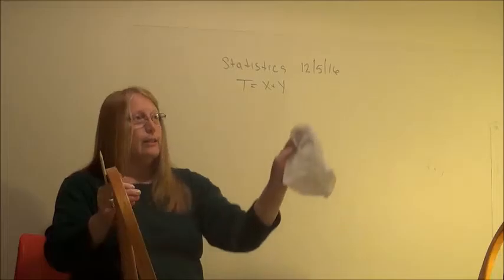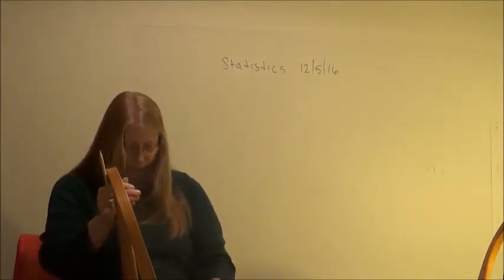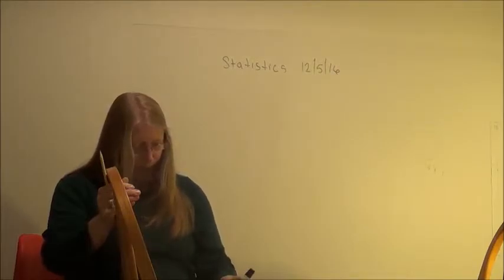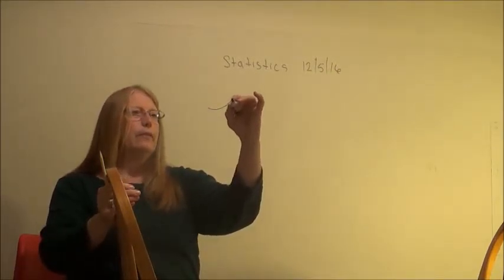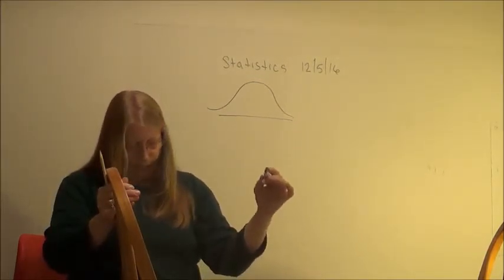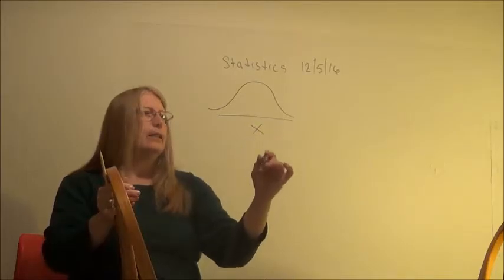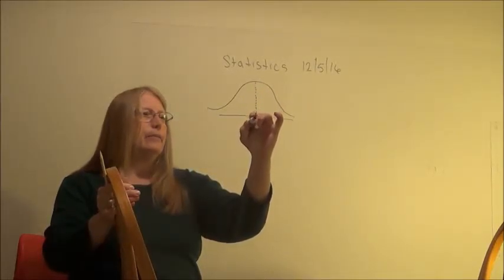Alright, adding and subtracting random variables aside for a little bit, I want to discuss a normal curve. So we have a random variable that has a normal curve. Say this is x. So of course the expected value for x is right there.